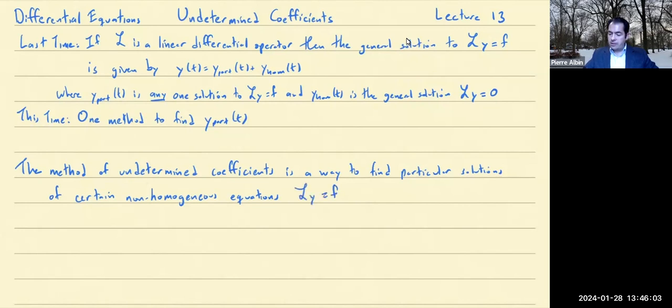For Ly equals F. So here, we will want L to be constant coefficient and linear.